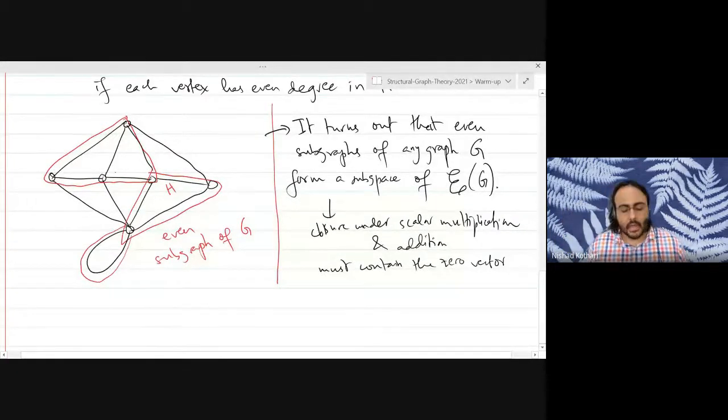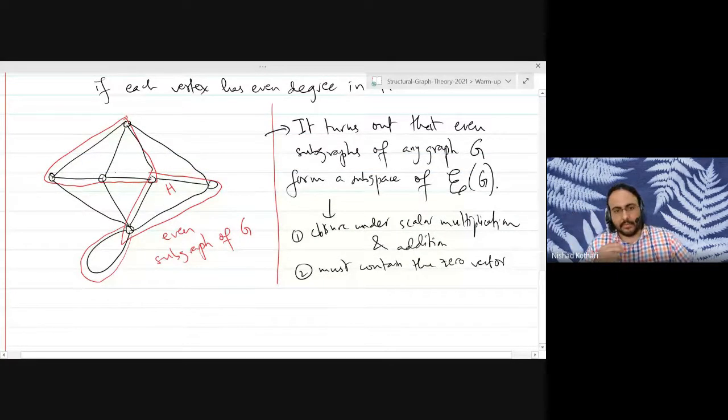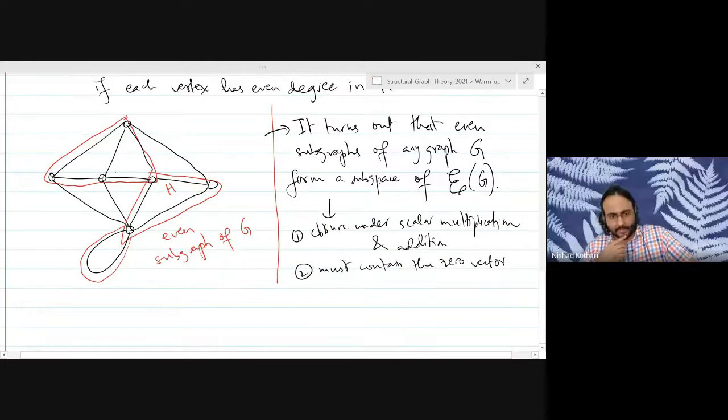Okay. So let's look at the second property first. So what is the zero vector in our context? What does a zero vector mean in our context? Empty graph. It's the empty graph. And if you consider the empty graph, what is the degree of each vertex? 0. Exactly.